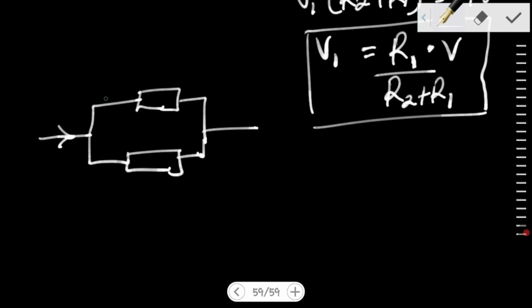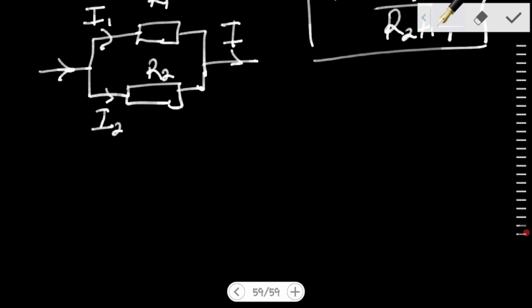That current divides into I1 and I2. This is R1, R2, and then I1 plus I2 join again to form I, the total I.